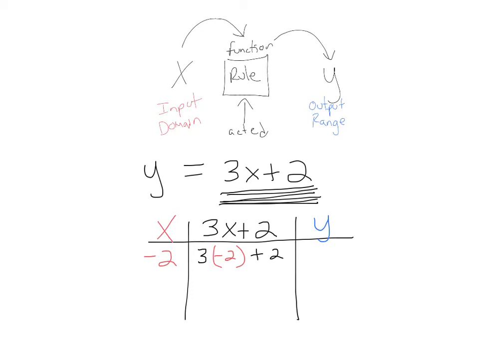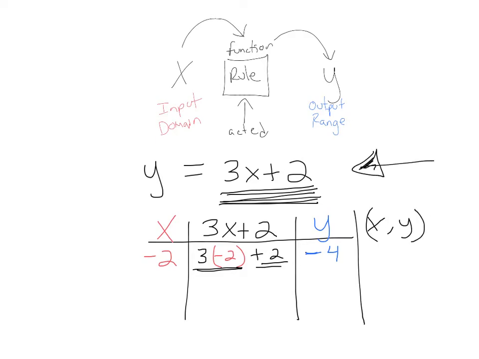You've got negative 6 plus 2, which is negative 4 for y. So you can see the ordered pair is formed and is true for this equation. The ordered pair negative 2, negative 4 is a solution for this equation.